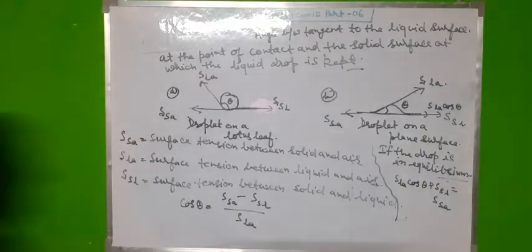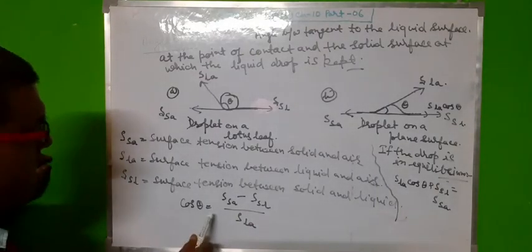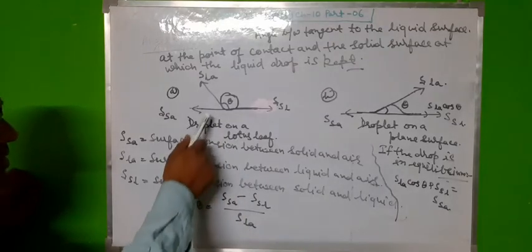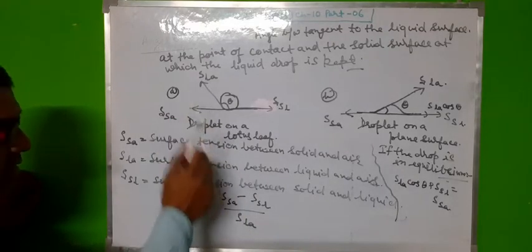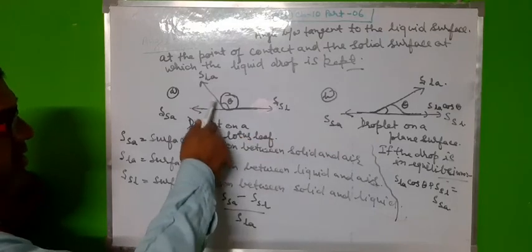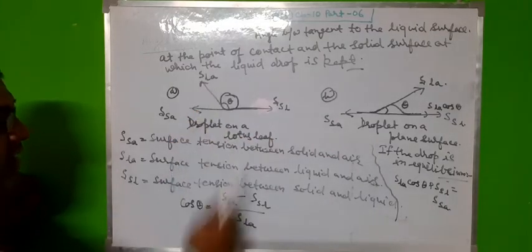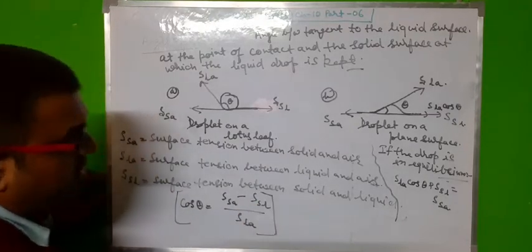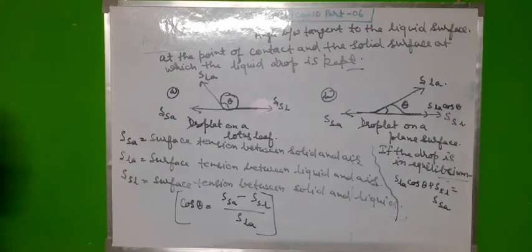Cos theta is given by the surface tension between solid and air minus the surface tension between solid and liquid, upon the surface tension between liquid and air. So from here we can find the angle of contact.